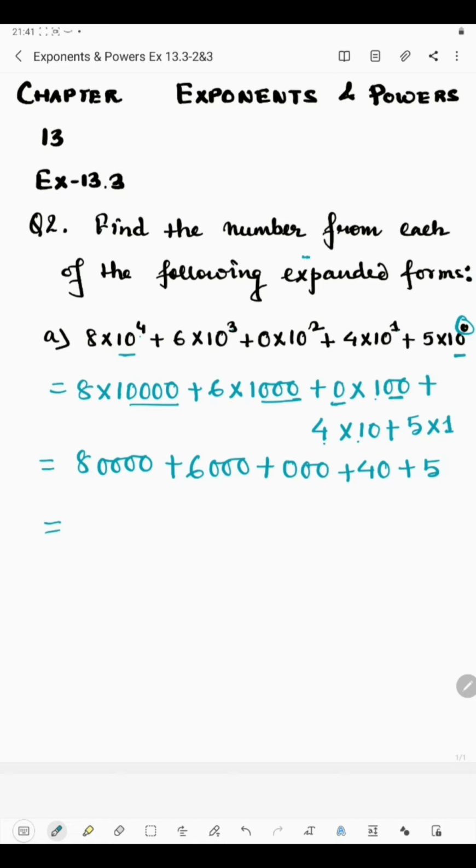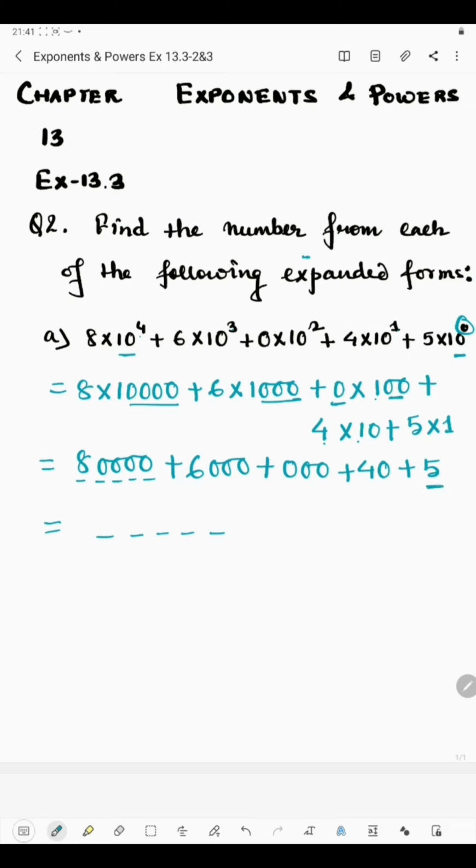And there is a shortcut way to find this also. Here, if you check the first number, 1 2 3 4 5, the highest number of digits is 5. So the number which we are finding will have 5 digits. Now we will start from the end.